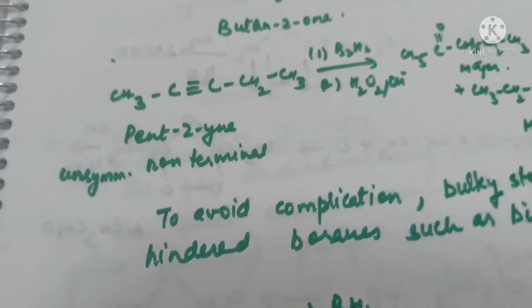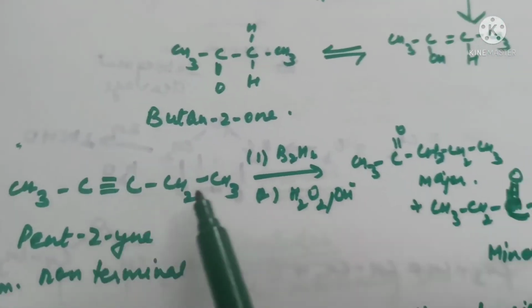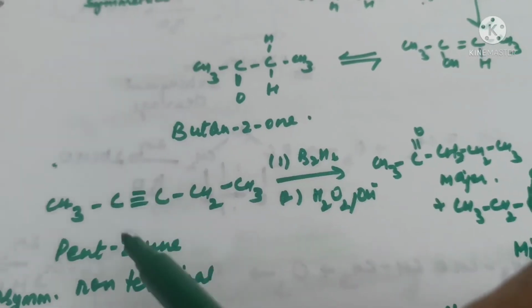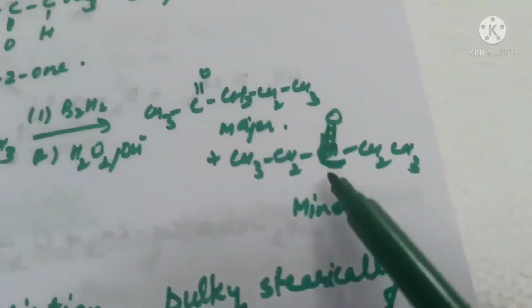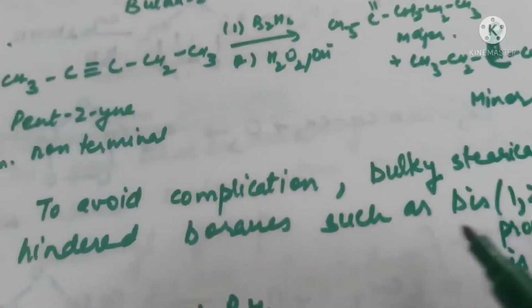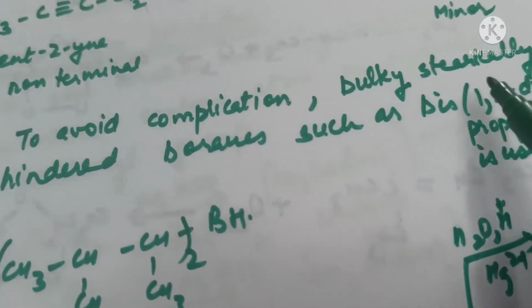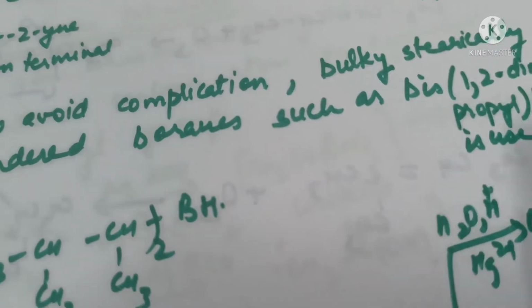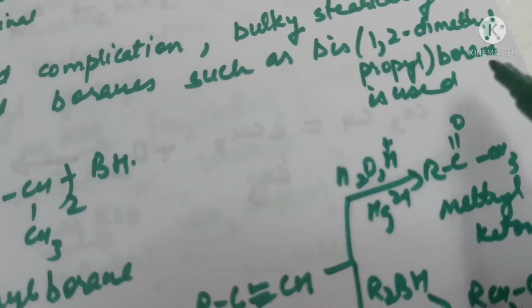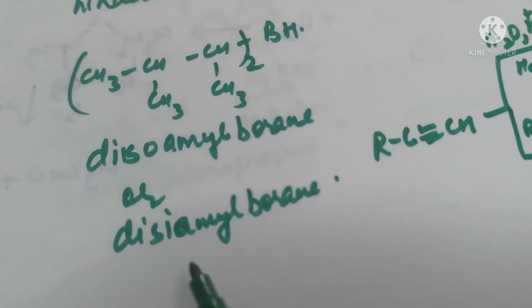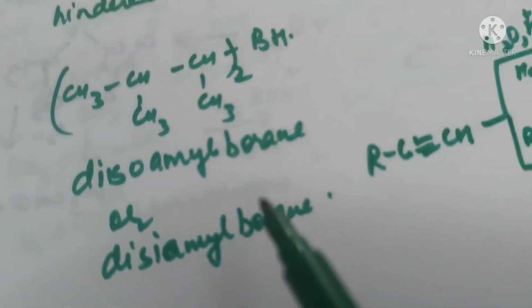To avoid complication, because if unsymmetrical alkyne is there, then the ketonic group can be added to this position as well as this position. To avoid this, we use a bulky and sterically hindered borane, such as bis-1,2-dimethylpropyl borane, which is also known as diisoamyl borane.